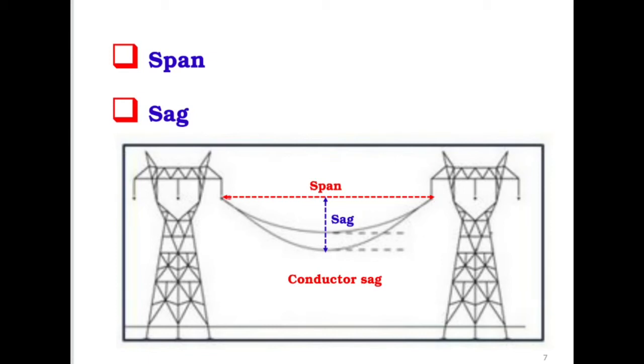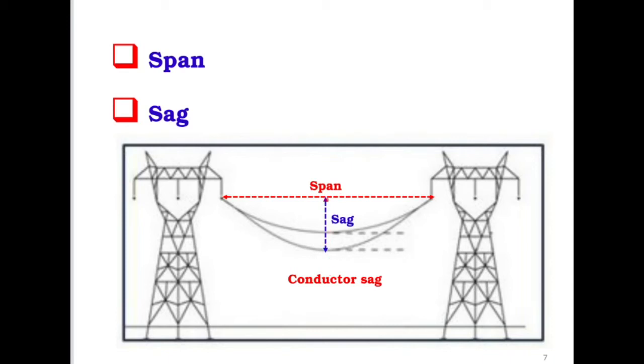Now, the span is the horizontal distance between two adjacent supports, and the sag is the vertical distance between the lowest point of the conductor and the point of support. The point of support is here.